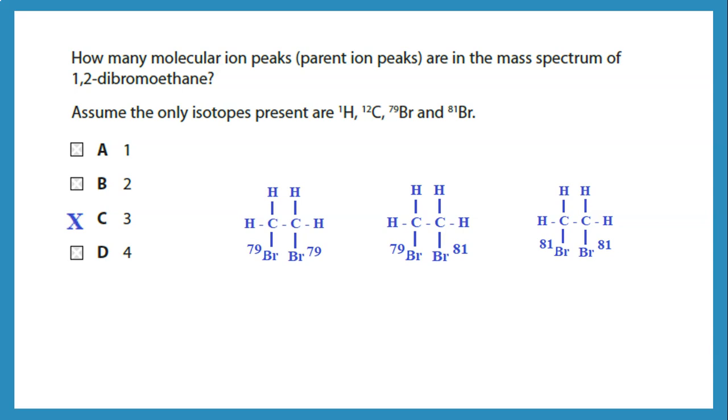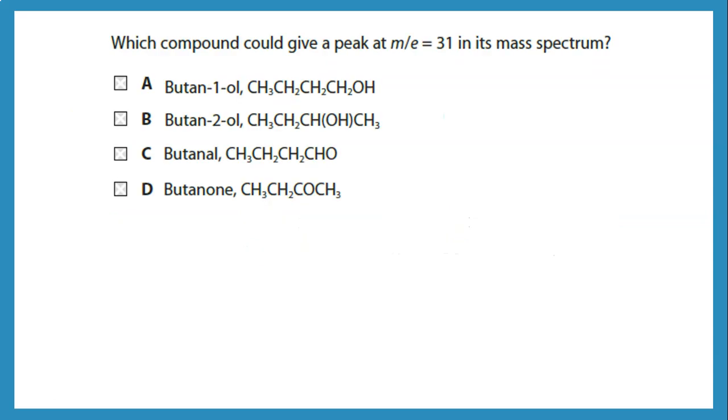Which compound could give a peak at m over e 31? Remember that in the mass spectrum, we have peaks for the total molecular mass and we have peaks for the different fragments. So he's saying which compound could give a peak at m over e 31.